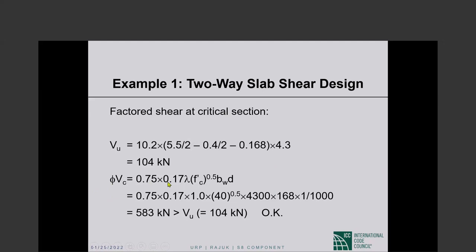Then 2 or 0.17, lambda is 1, square root of f sub c prime is 40 to the power 0.5, and then the section itself, b sub w d, 4300 times 168. That gives us a one-way shear capacity of the concrete itself, design value already reduced by phi, of 583 kilonewtons. That is sufficient. That is way larger than 104.